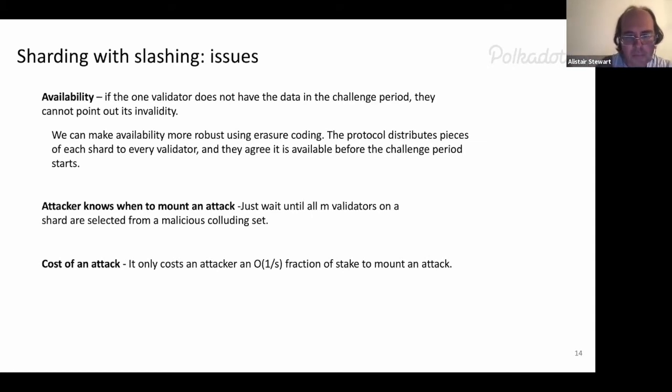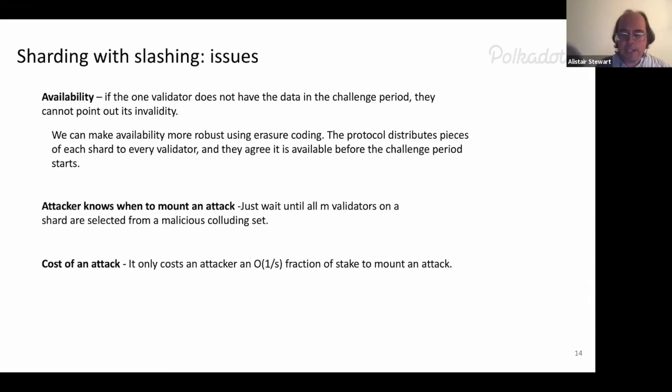The other problem is that the attacker knows when to mount an attack. So basically, they just wait long enough. They control enough bad guys. They wait long enough until everyone on the shard is bad, and then they attack.